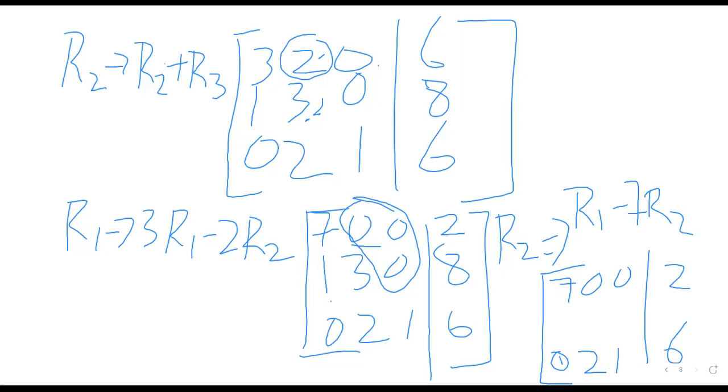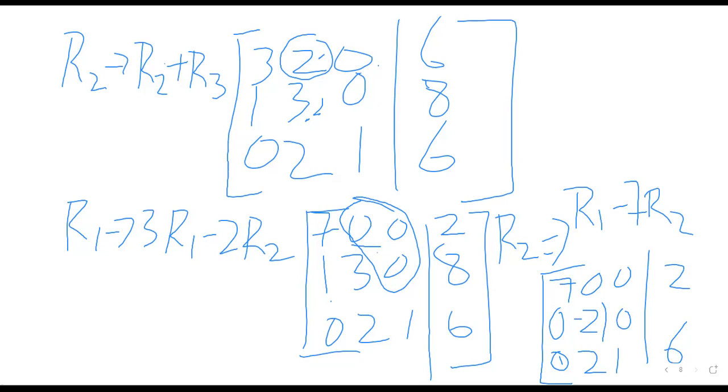So row 1 is 7 minus 7, because 7 times 1 is 7. So 7 minus 7 is what? 0. And then now row 1, 0 0 minus 7 times 3 is 21. So here will turn to negative 21. And then row 1, 0 minus 7 times 0 is still 0. So I get 0 here.